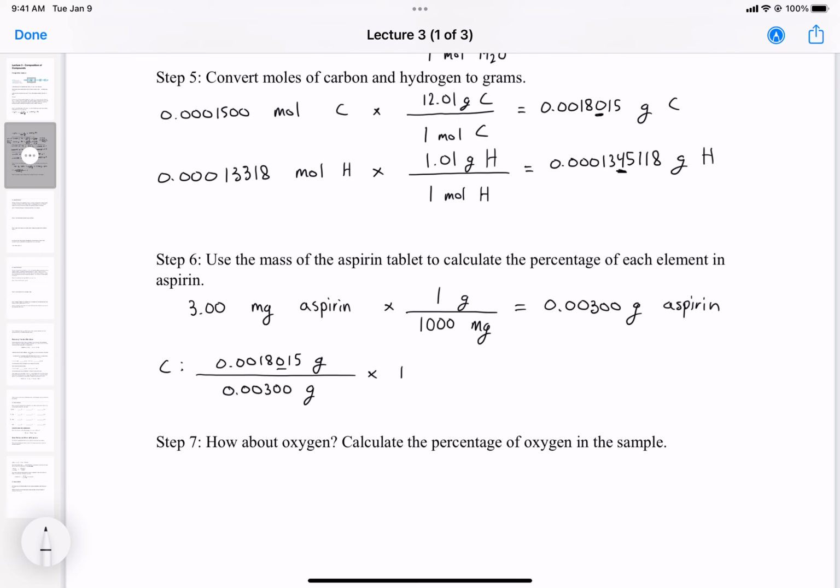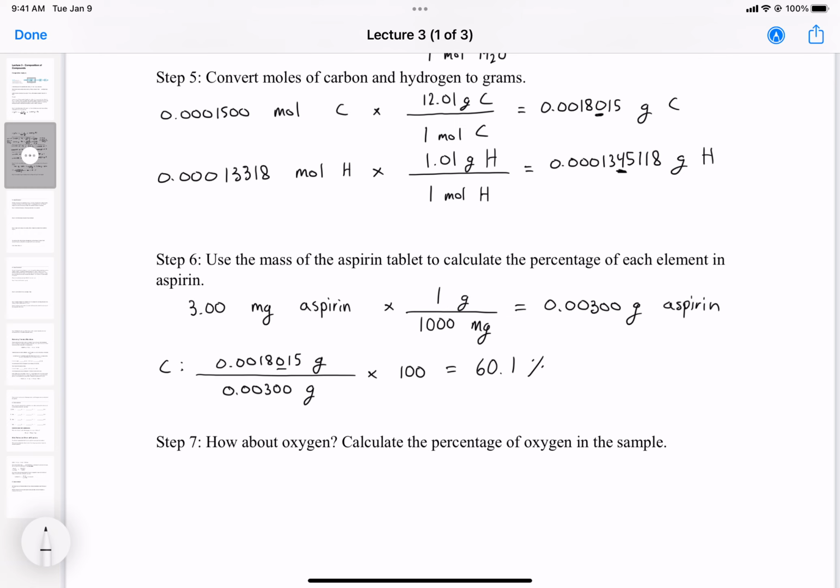Times 100. So if we do that calculation, we will get 0.0018015 divided by 0.00300. And that's roughly 60.0 percent, or 60.1%.